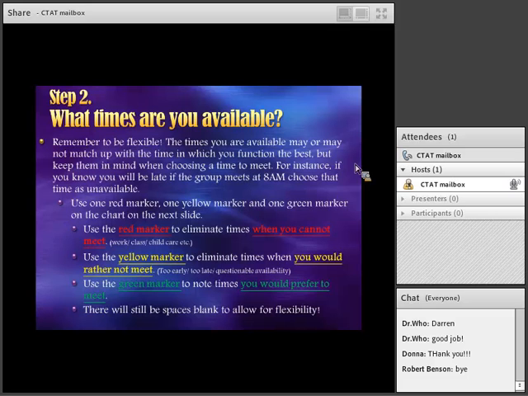That way we can define not only times where you absolutely cannot be there, but also times where you might be a little bit late, or sometimes might not be able to be there. We hear students complain about members of their study groups not showing up or always being late, leaving early. This tries to eliminate that if possible, and it helps them identify other people who can meet when they can meet.